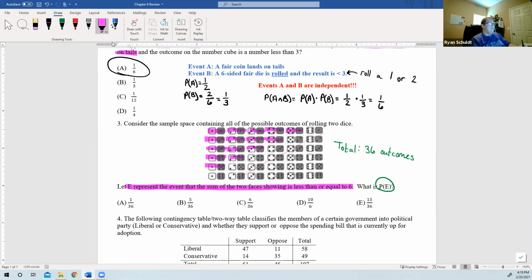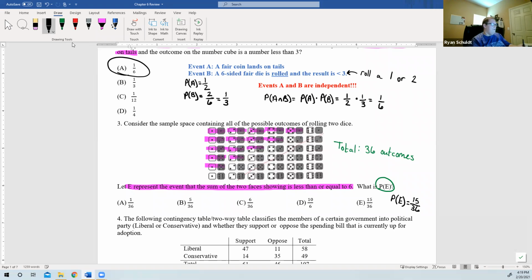Okay, so how many did I just highlight? 1, 2, 3, 4, 5, 6, 7, 8, 9, 10, 11, 12, 13, 14, 15. So I can come over here and say the probability of E is 15 out of 36. And then I'll stop and look.